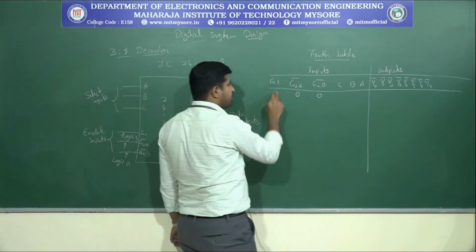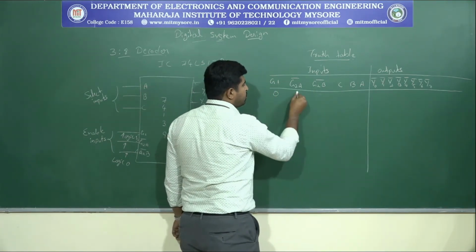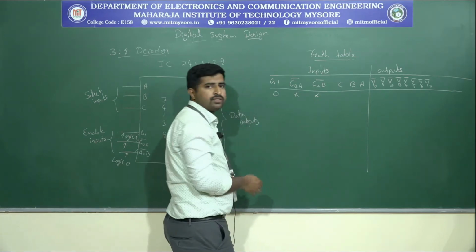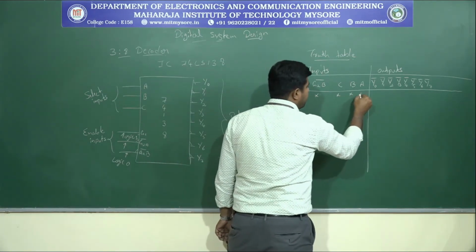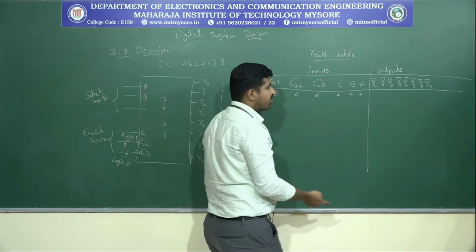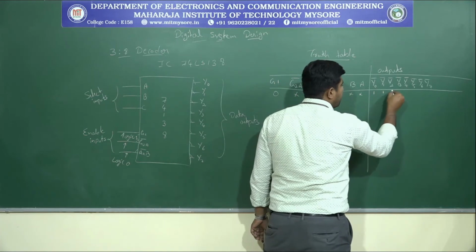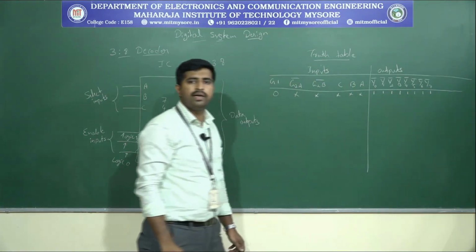Here, if G1 is 0 and G2A and G2B are whatever, let's indicate them with don't care, and even CBA is whatever, 000 to 111, whatever the values, the output will always be 1, because it will be disabled.